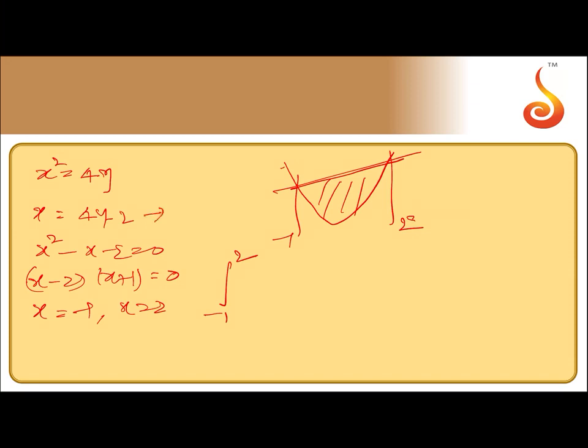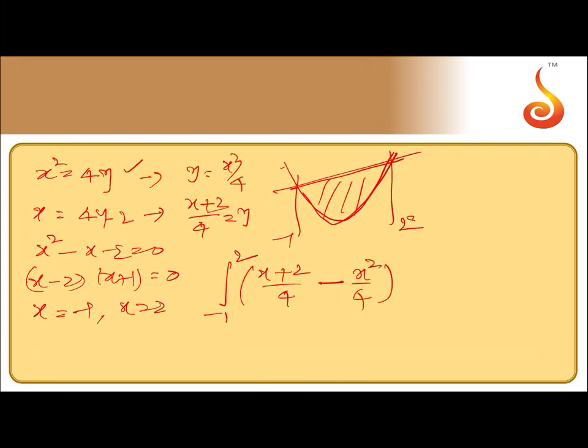The straight line x equals 4y minus 2 means x plus 2 by 4 is equal to y, and therefore x plus 2 divided by 4 minus the curve. From this curve you get y equal to x square by 4 dx. Taking 1 by 4 common and simplifying, 1 by 4 times x square by 2 plus 2x minus x cube by 3, limits from minus 1 to 2.